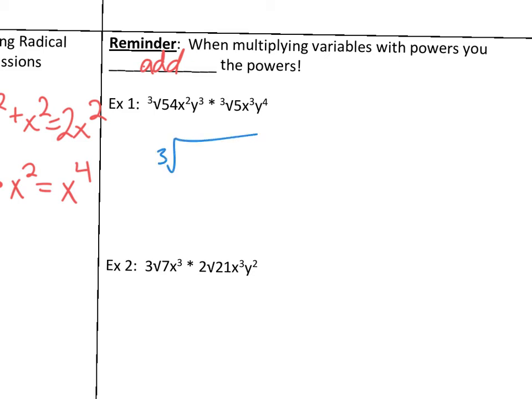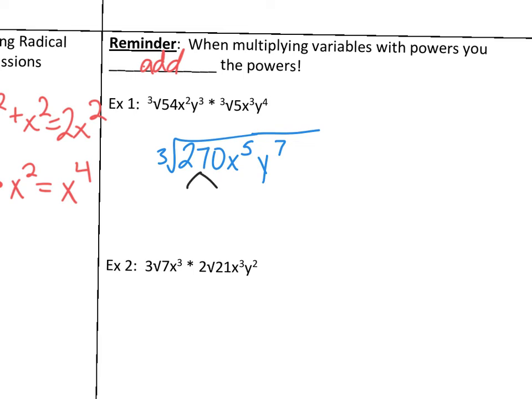I'll keep my same index here. 54 times 5 is 270. Then x squared times x cubed is x to the 5th. Add them. And y to the 7th, since 3 plus 4 is 7. Is this as simple as I can go? No. Let's simplify it.